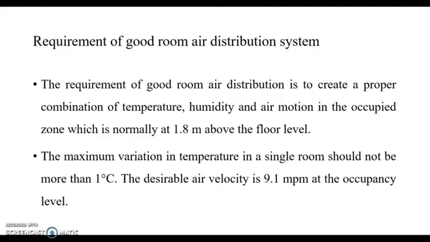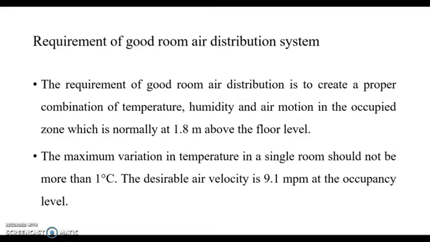Next, the requirements of a good air distribution system. The air distribution system should create a proper combination of temperature, humidity and air motion in the occupied zone of the conditioned room, which is normally up to 1.8 meter above the floor level.